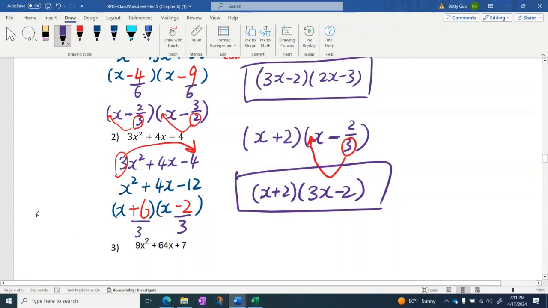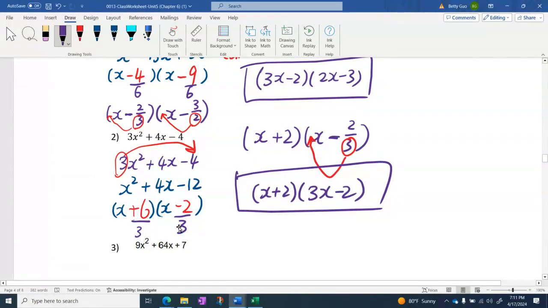Let me know, is that clear? Slide first, and you would have a quadratic trinomial with a leading coefficient 1, and use your shortcut method to factor it, and then divide. Ask yourself, divide what by what? Divide the two integers you just found from the shortcut by the original leading coefficient.